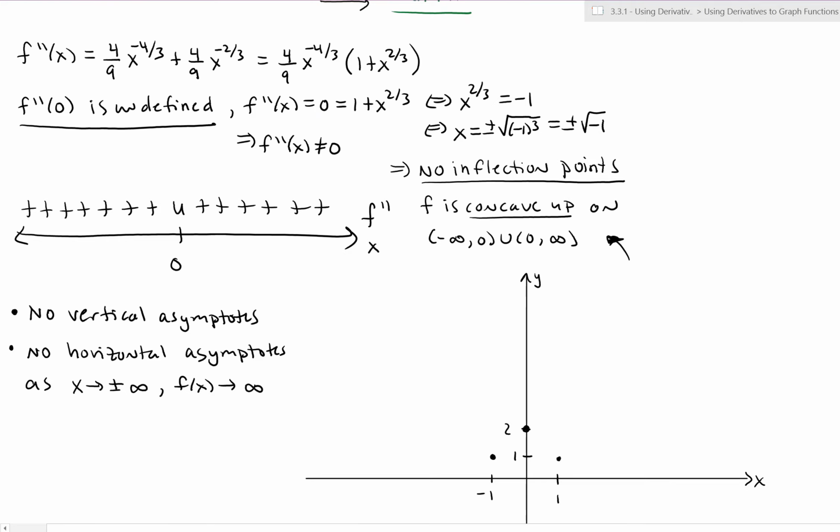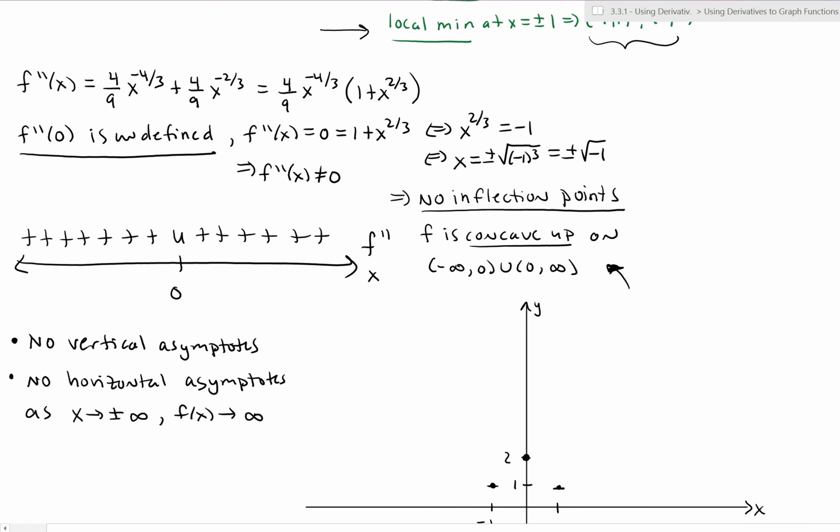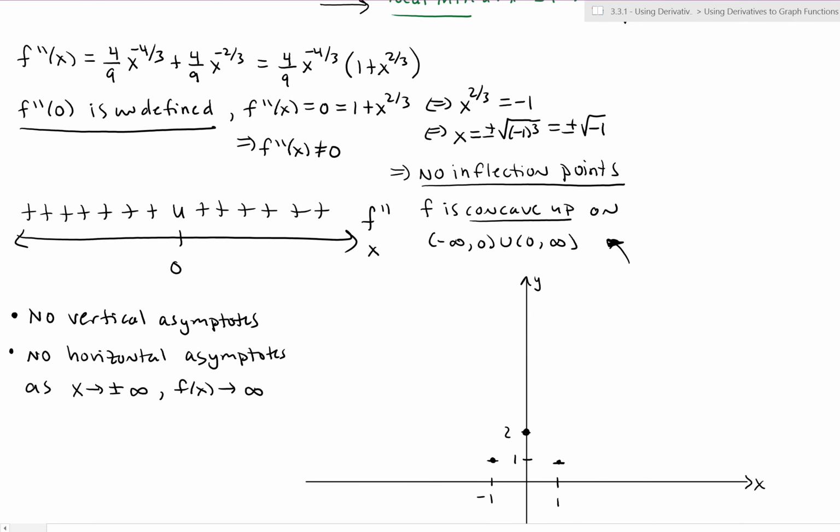So at the local mins, we could draw these little horizontal tangents, if you will, to remind us it's smooth there. There's no changes in concavity. There's no vertical asymptotes. There's no horizontal asymptotes. We know that as x gets large in both directions, the function is going to go to infinity like so.